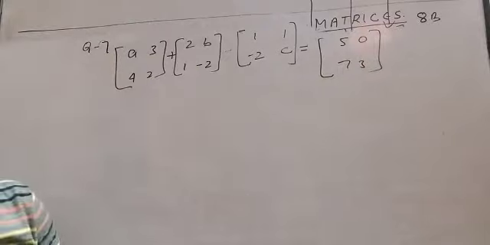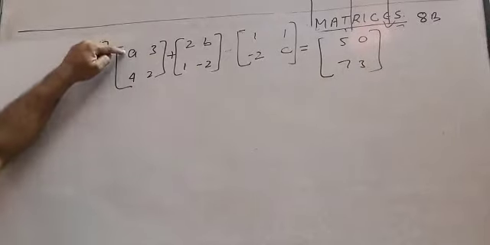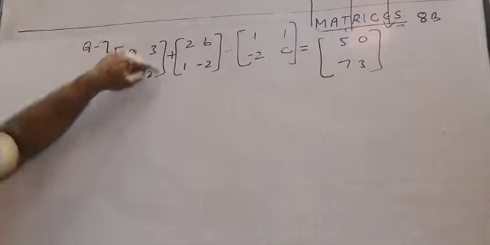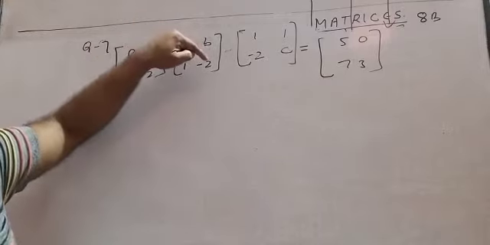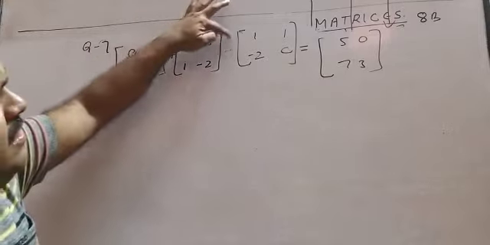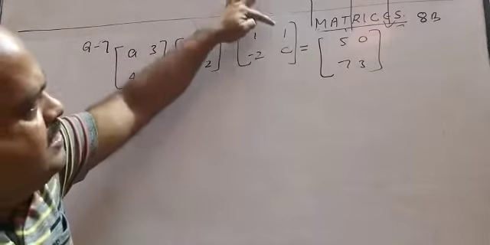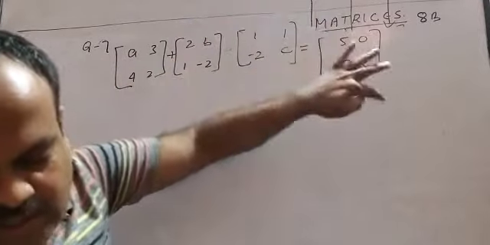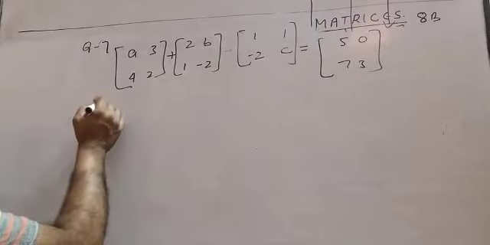I repeat, I read this way: [a, 4; 3, 2] plus 2 [1, b; minus 2, minus 1] minus 2 [1, c] is equal to [5, 7; 0, 3]. Let us simplify this side.